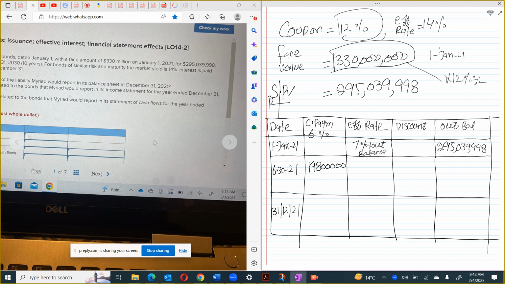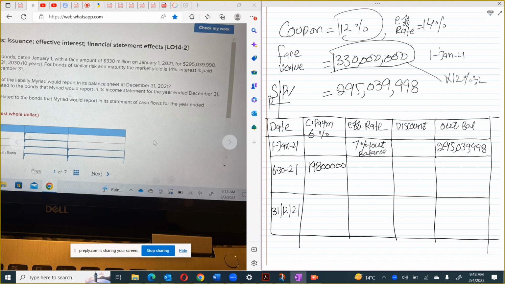Interest is paid semi-annually, so this will be divided by 2. So this will be 2%, this will be 2.5%, and 4 years will be equal to 8.